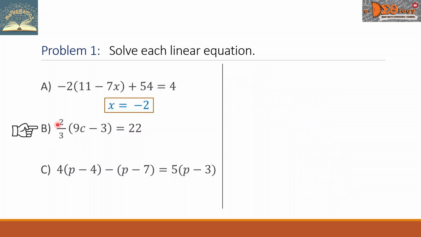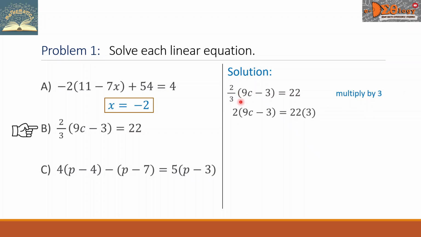Problem B. 2/3 of the quantity 9c minus 3 equals 22. Since we have a fraction here, we're going to multiply this by 3, by this denominator 3. In effect, this denominator 3 will be multiplied to the right side.